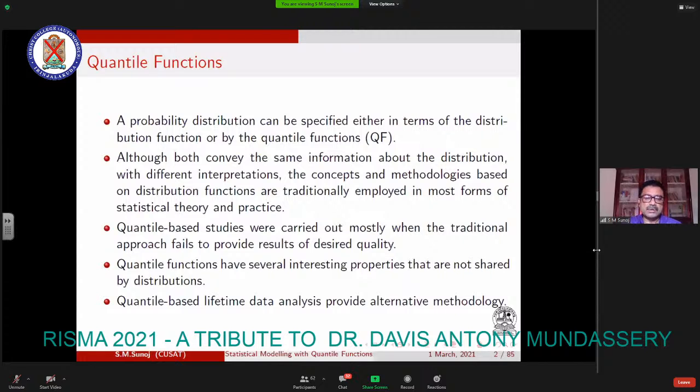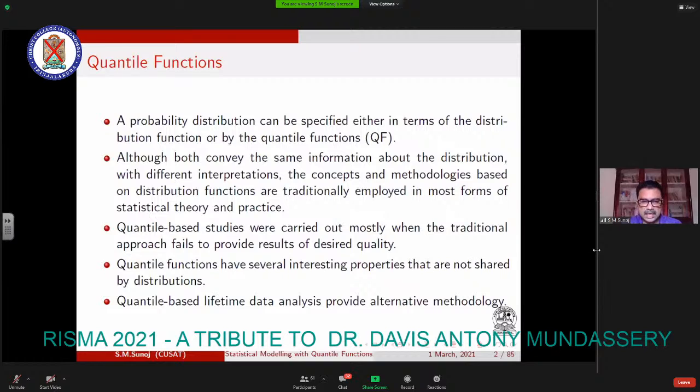So why are we interested in this approach? Because in many situations this traditional distribution function approach fails to apply, and this can be taken as an effective alternative to model and analyze real-time data. Quantile functions have several interesting properties that are not shared by distribution functions.